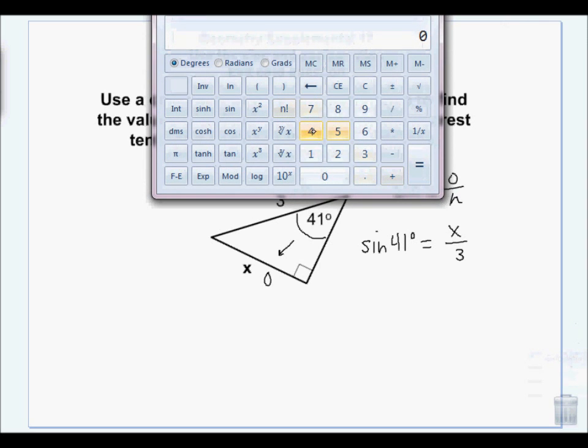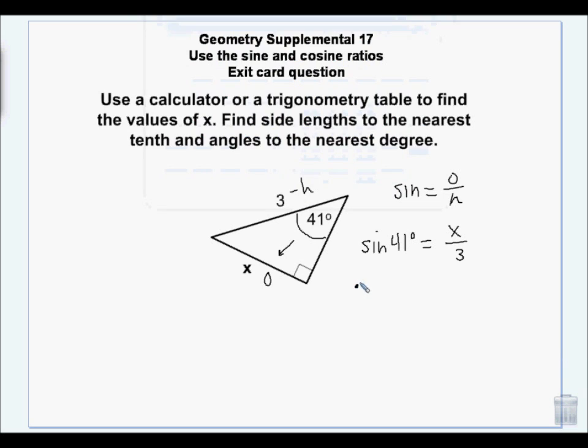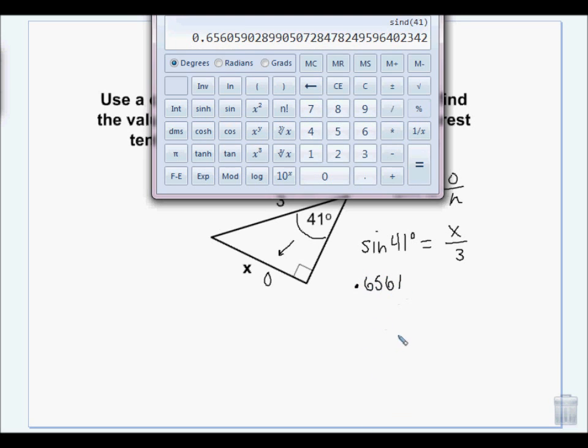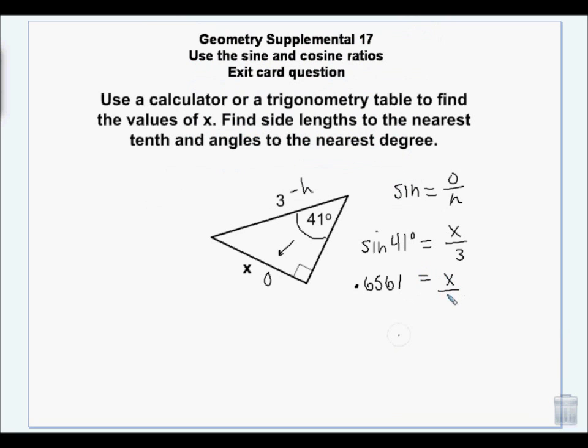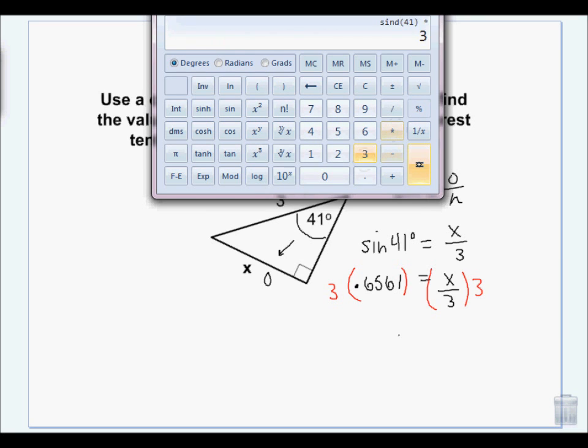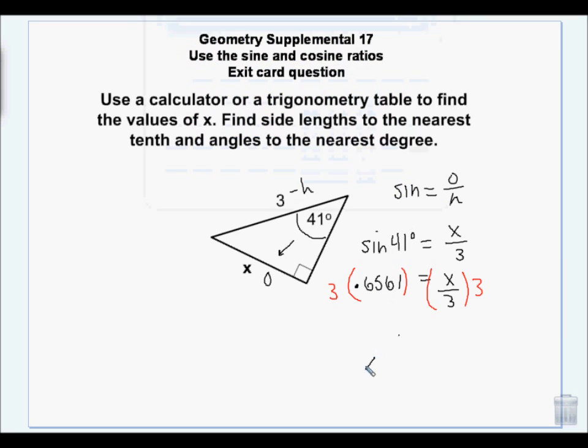So I take 41 degrees, and I take the sine of it, or go on the chart, and it's 6561, right? Yeah. Is equal to x over 3. Multiply both sides by 3. So it's 1.98, so it's 2.